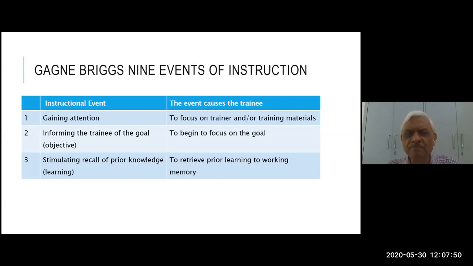This is important because adults are goal oriented, and they would like to be clear as to what exactly they are going to achieve in this, right? So that's the informing. This step will make people focus on the goal, the learning need that they have, which will be fulfilled.